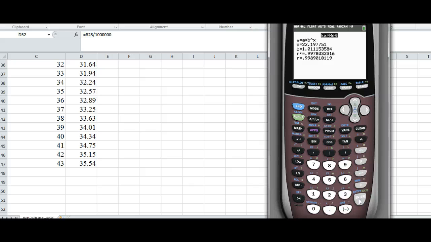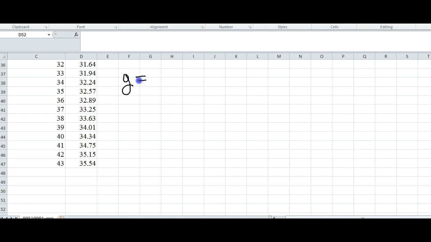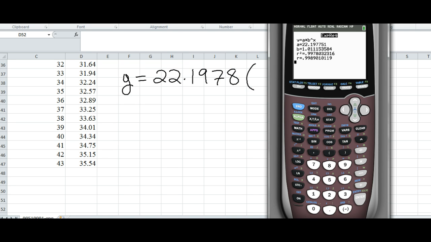Actually, I'm going to go to 4 decimal places on this. So let's write this down here. So y equals 22.1978 bracket. Okay, that's our A value, right?